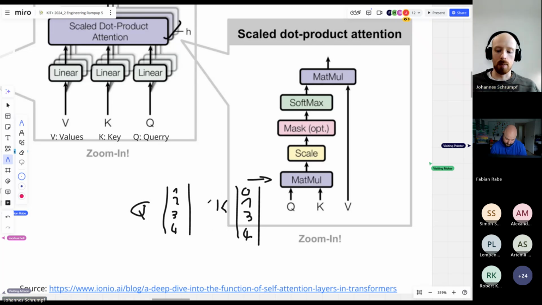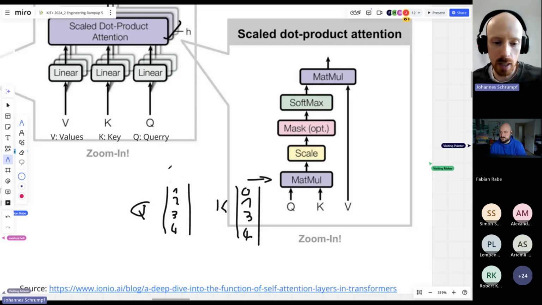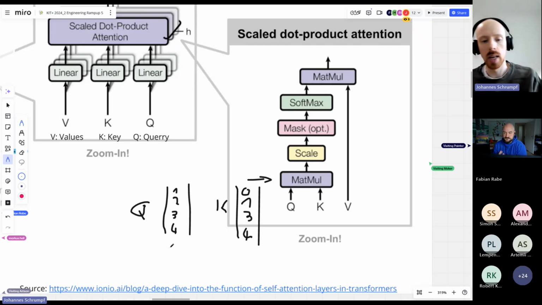If we go a couple of steps back, what does this mean in plain English? These matrices or vectors still represent some kind of language.